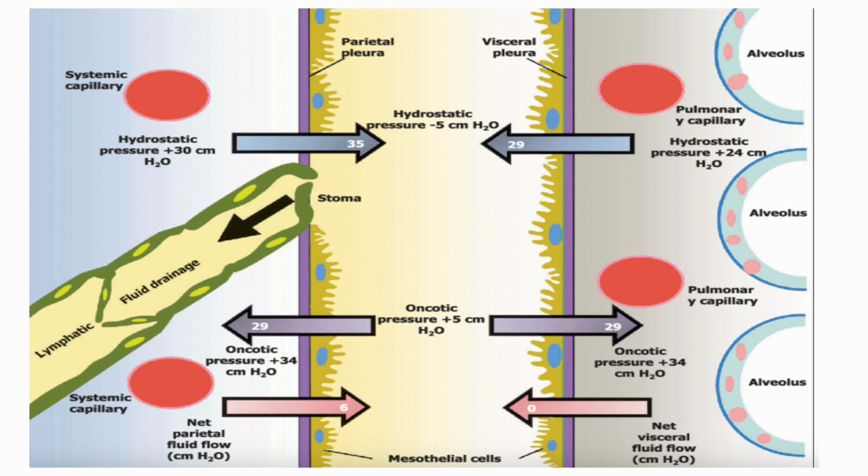There is a homeostasis between the hydrostatic pressure and oncotic pressure between the two pleura and the space, and an imbalance in these dynamics will lead to recurrent pleural effusion, or let's simply say pleural effusion.